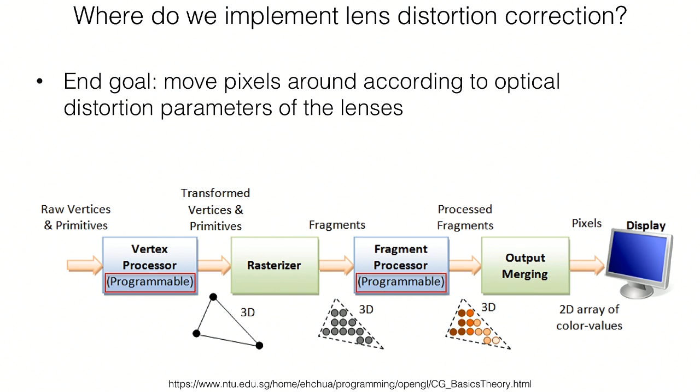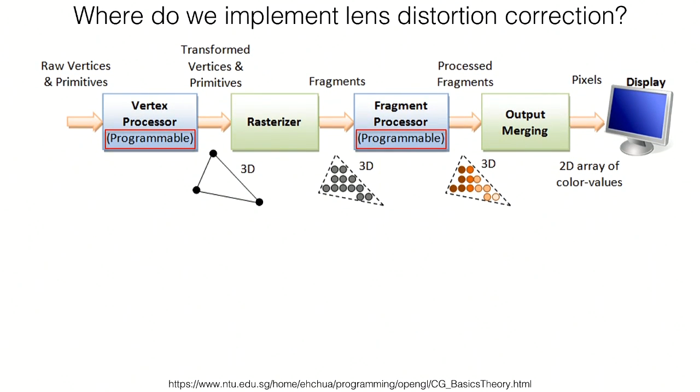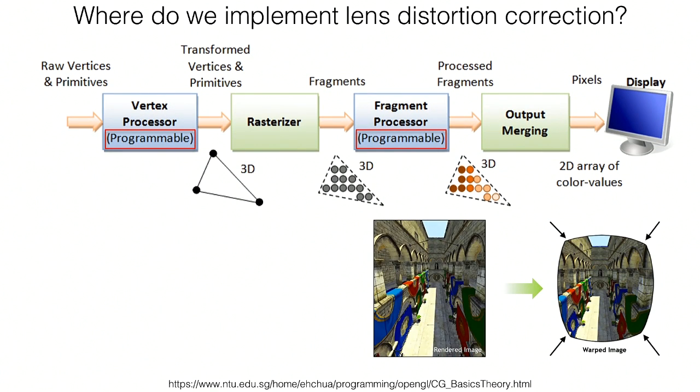In the fragment shader, we can essentially go through the entire rendering pipeline for each eye, render this into a frame buffer object, and then apply a per fragment operation following those exact equations that I showed, and just move the pixels around using this barrel distortion operation. It's very simple.